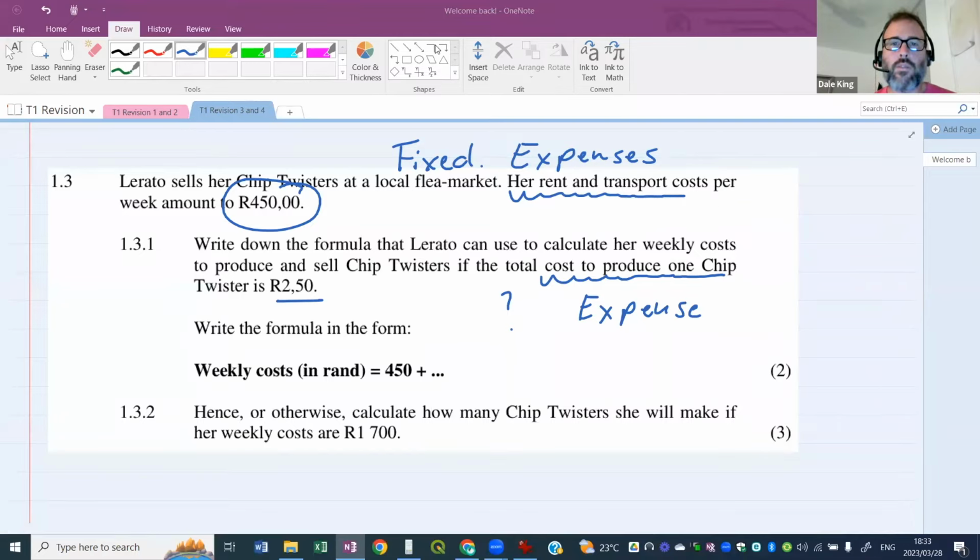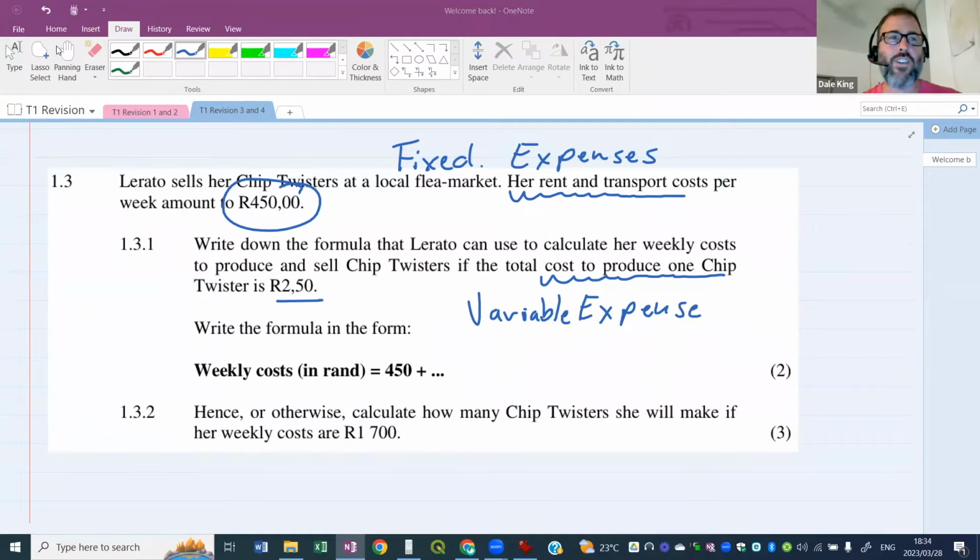Well done, Latabo. It is variable. It varies. So the cost to produce the chips, or the number of chips that she produces, and the cost in total because of that will vary depending on the number of chips. So this cost is called a variable expense. It changes depending on the number of chips. Non-fixed, good. It's not fixed, it's variable.